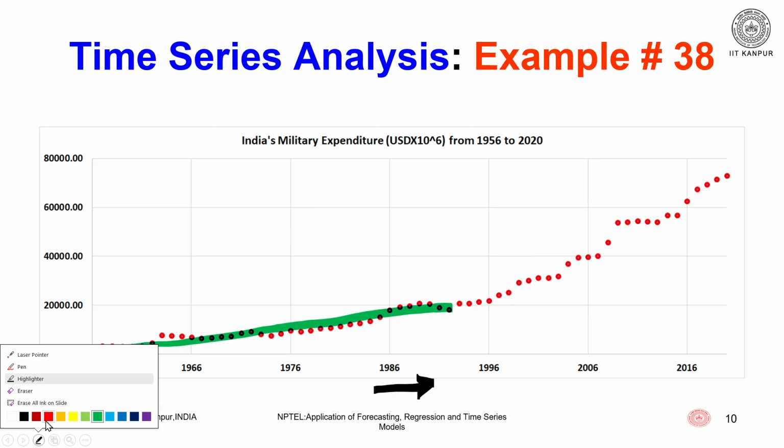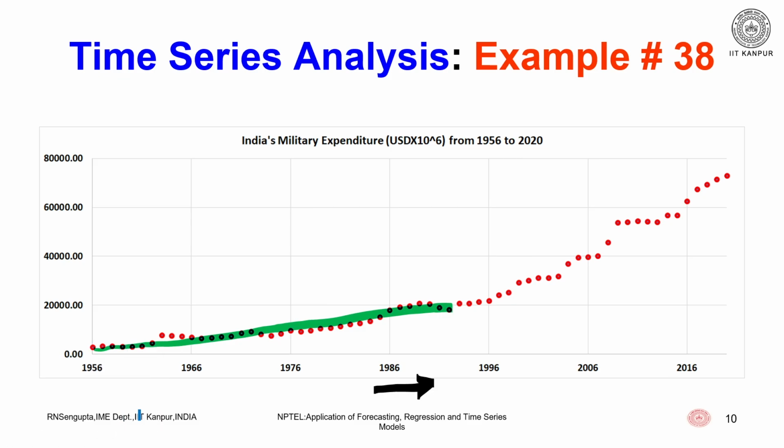But if I consider the value of the military expenditure starting about 1990 and it goes on till 2020, you see there is quite a substantial increase in the average value.